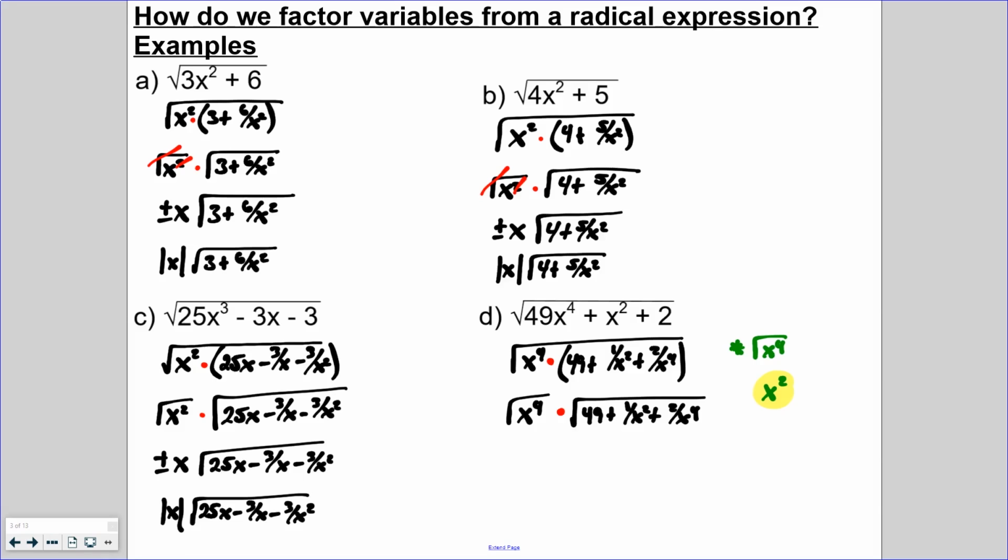So, since we have that x squared here, we don't need the plus or minus because this x squared term will always be positive since it's squared. So when we simplify x to the fourth in our problem here, we're just going to end up with x squared times the square root of 49 plus 1 over x squared plus 2 over x to the fourth. And that is factored again because x squared will always, always, always be positive since it's squared.